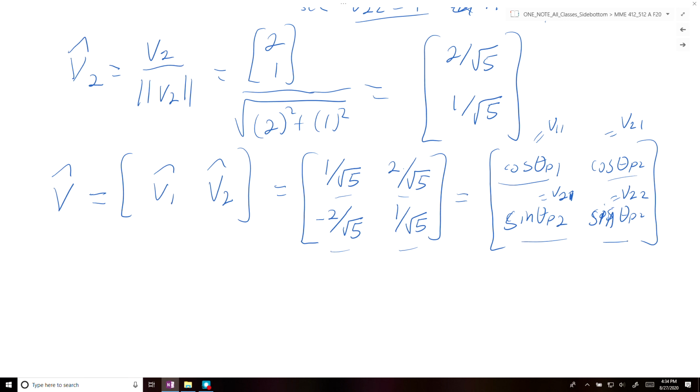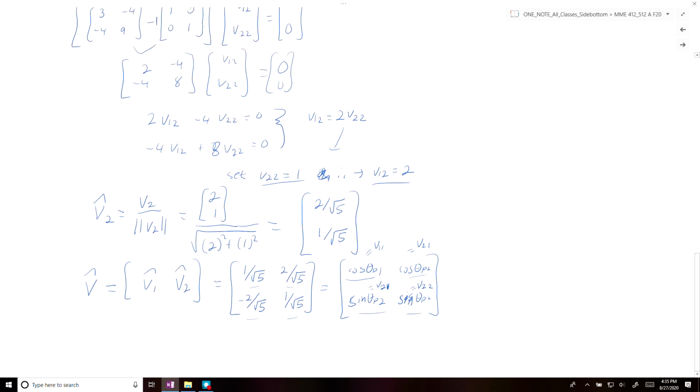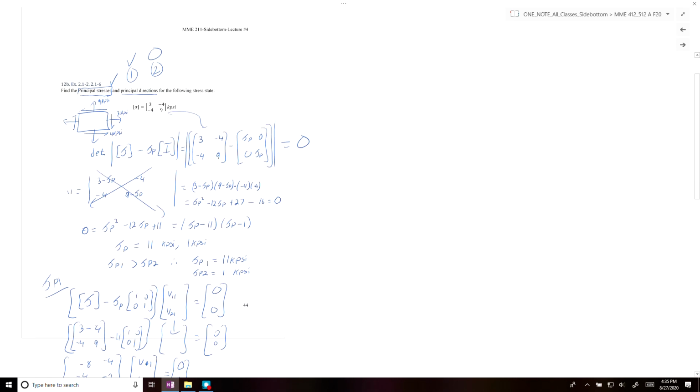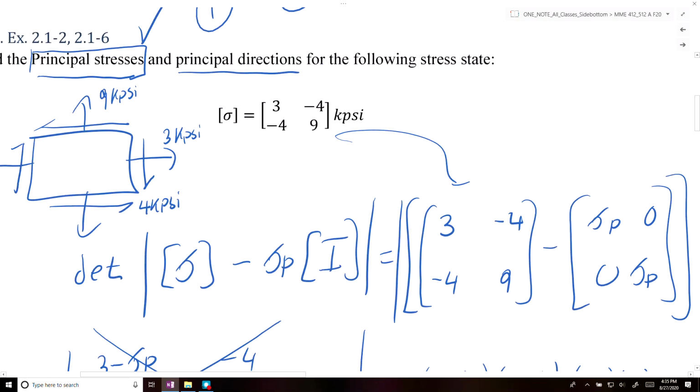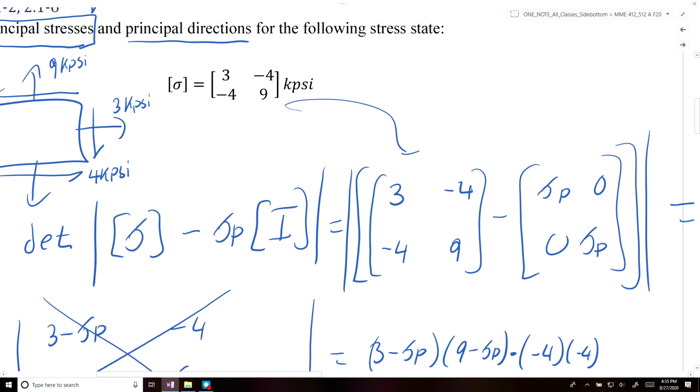To summarize what we did in this video really quickly, we were given an initial state of stress. To find the principal stresses, or the eigenvalues, we took the determinant of the stress matrix minus the principal stress variable sigma p times the identity matrix.